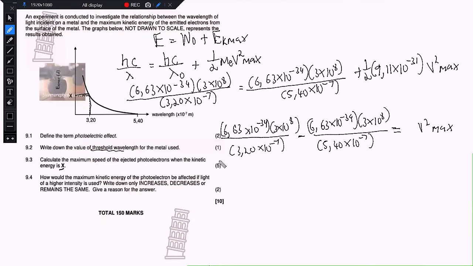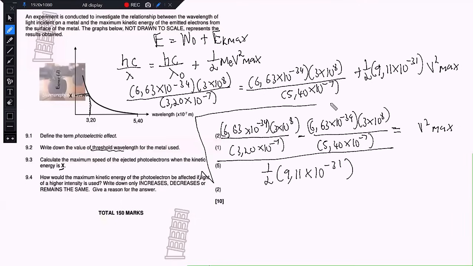Now at this point, you'd have to divide everything throughout by the half 9.11 times 10 to the exponent of negative 31, right? And then after you have got the solution to that one, you simply square all of this, right? So just to avoid rounding off, this is what you would do here.